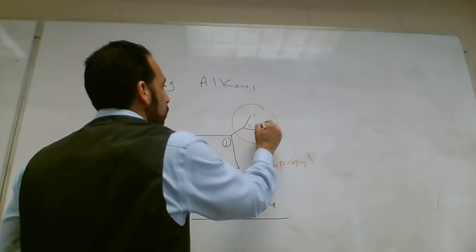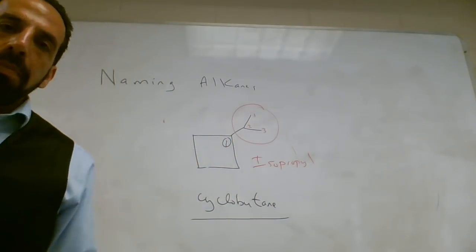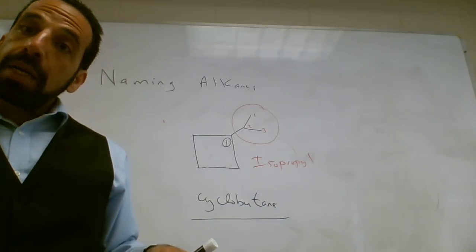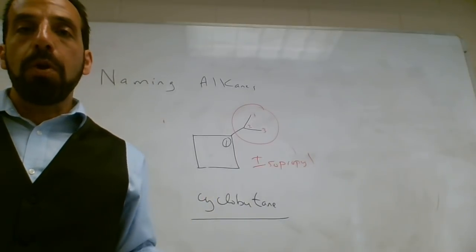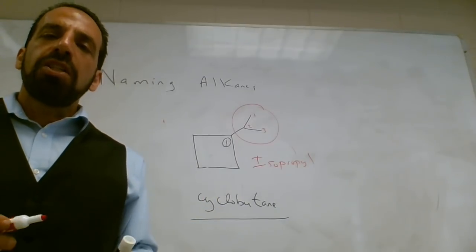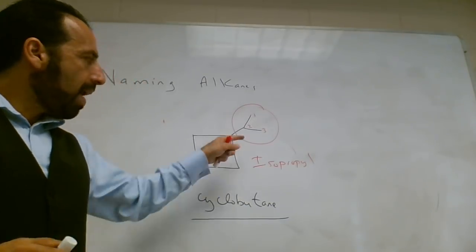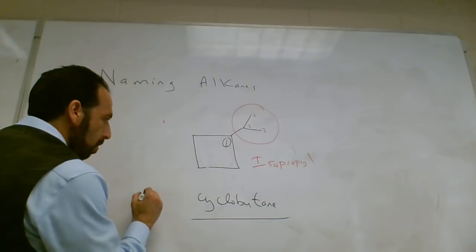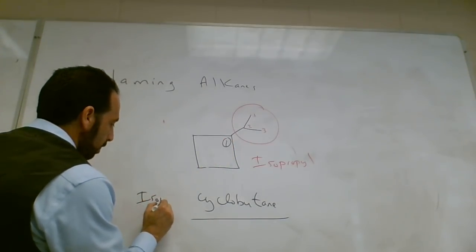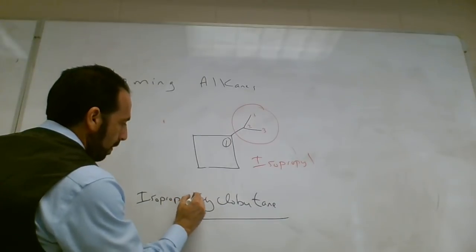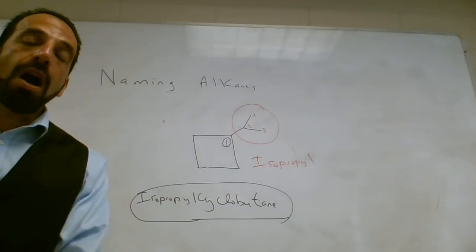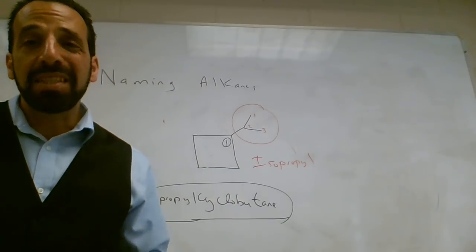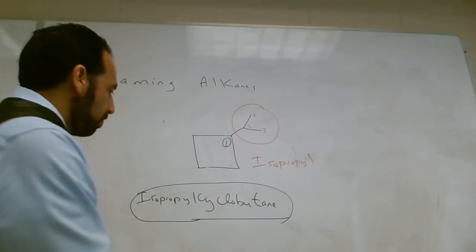So 1, 2, 3. 3 carbons in the chain. It's bonded off carbon number 2. We have to recognize this as the isopropyl group. Again, I number it oftentimes so I don't get confused. So it'd be isopropylcyclobutane. And again, we don't have to write that it's on carbon number 1 because there's only one substituent. It has to be on carbon number 1. Let's go ahead and add a second one to this.